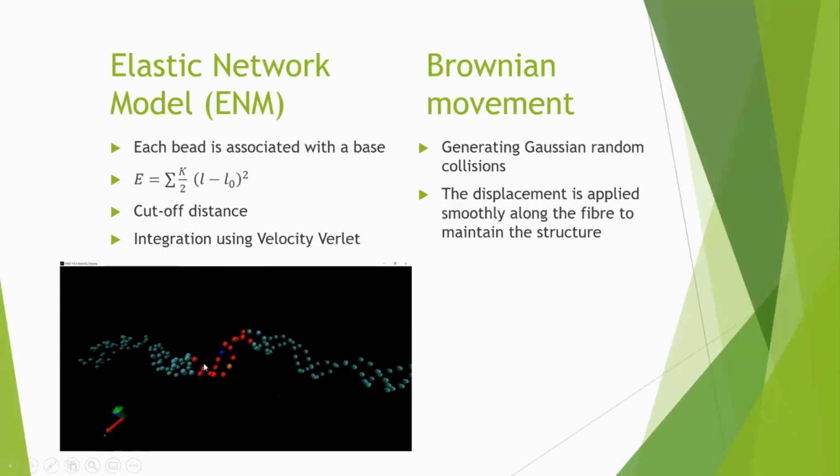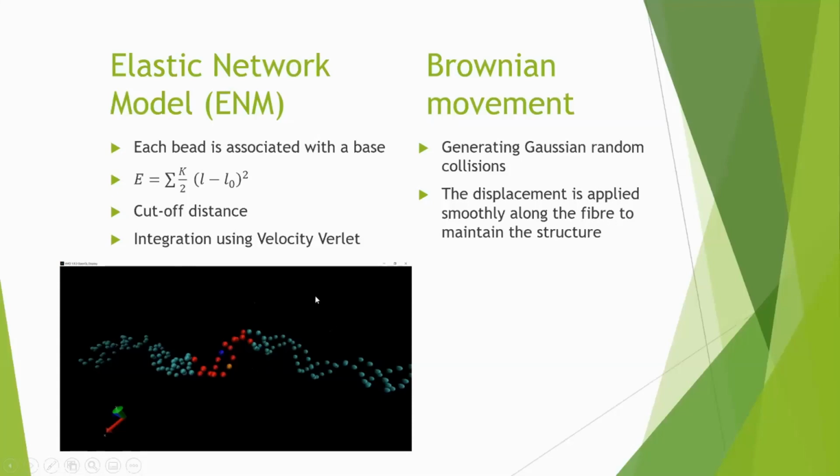And then in red, we can see, in this case, 4 beads in each direction, which are the beads that are affected by the elastic network model. We consider that further than this, there is a large decay in energy, which we call the cutoff distance. This is why we stop considering them for the energy that affects this blue particle.